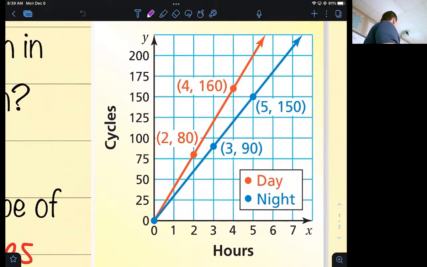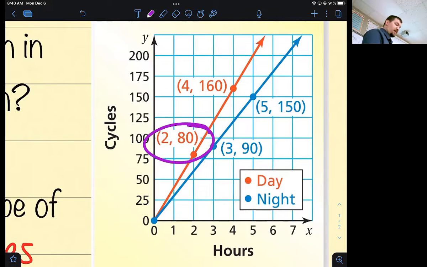When we were trying to find out how many times the light cycles during the day, we looked at this coordinate here. What did you say we had to do to find our unit rate? Maddie? You're right. What's 80 divided by 2? 40. Last week we just said that the slope is 40, the unit rate's 40. Today we're going to say that k is 40.